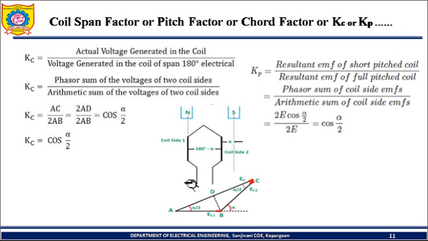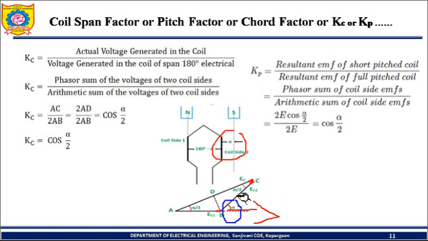The first, which is under the influence of the N pole, we can take as AB for that N pole. Then after AB, the other should get added like this. But if it were a full pitch... now it is a short pitch, so we are not going to get a direct addition here. We consider it with this angle alpha.